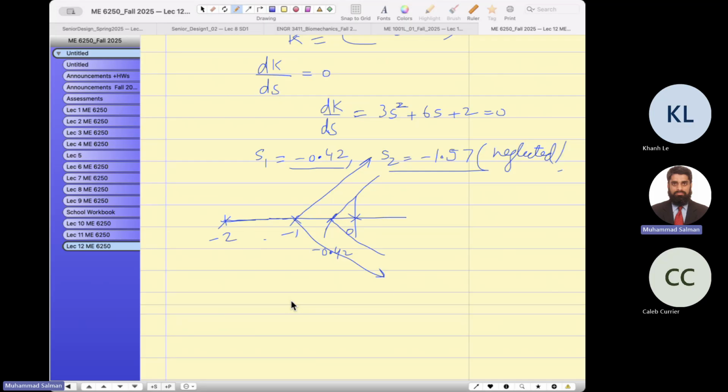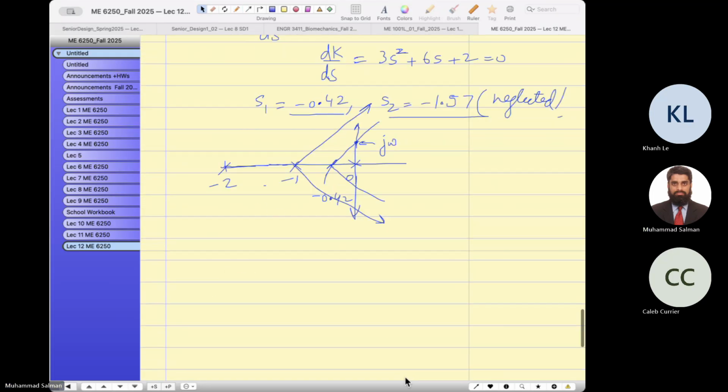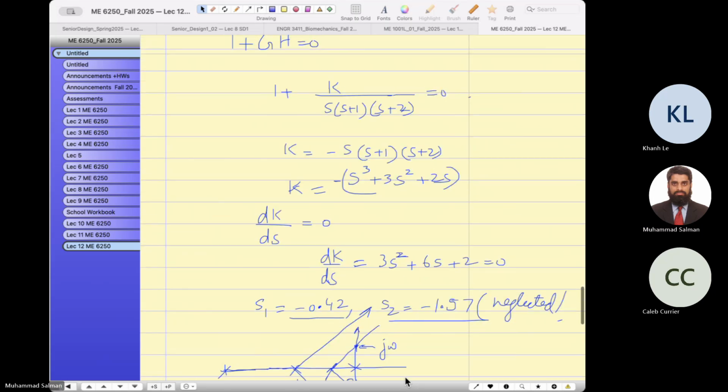Now guys, how will you find out the location of j omega d? Don't worry about d right now. So now in this equation, let me grab this equation here.